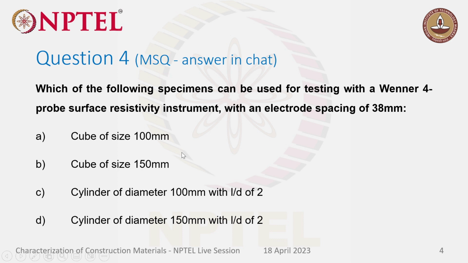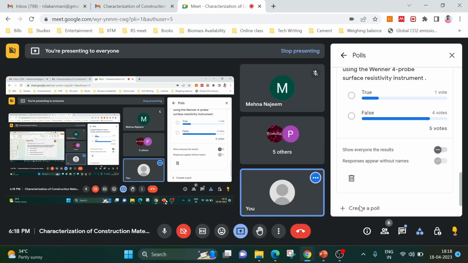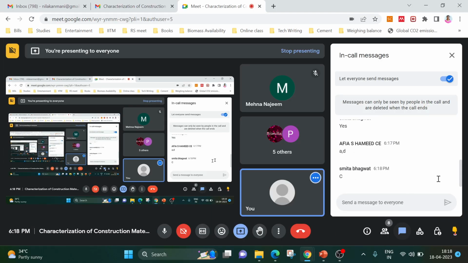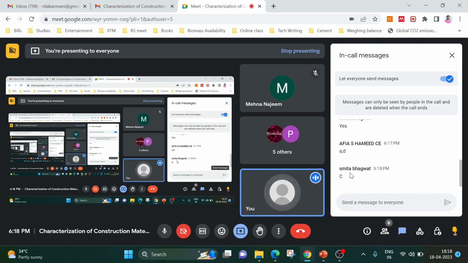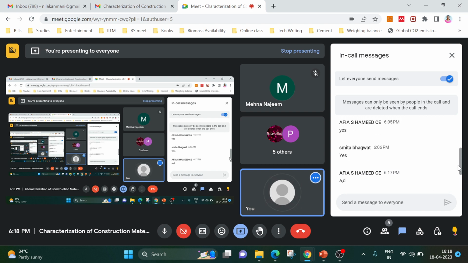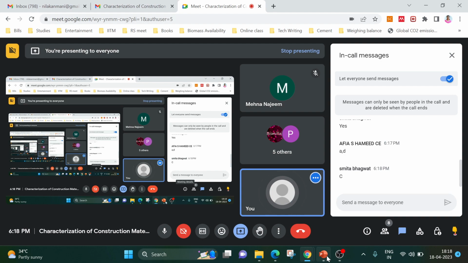I think time is up. Okay, only two of you have given the answer. One has given A and D and one has given C. Okay, let's see what the right answer is.